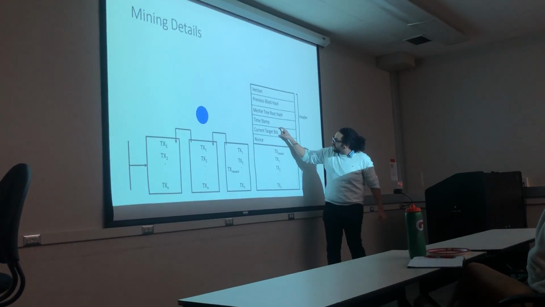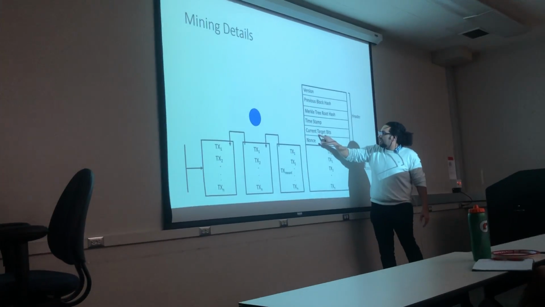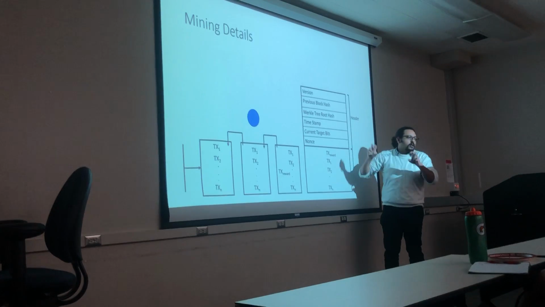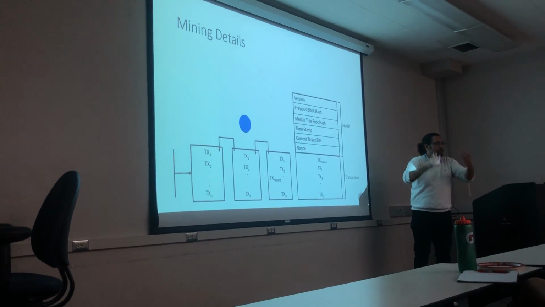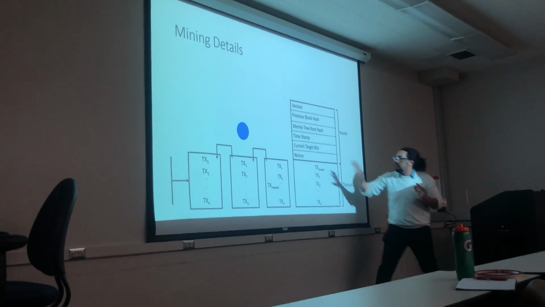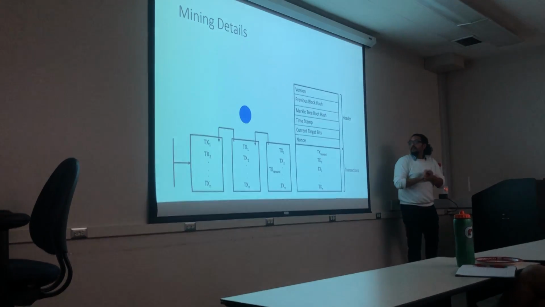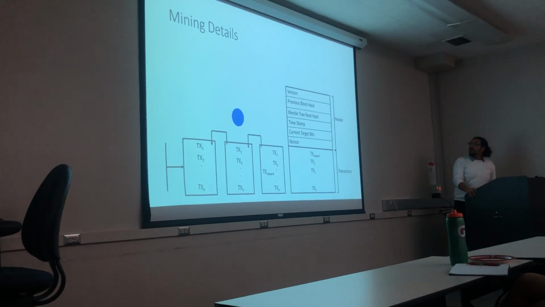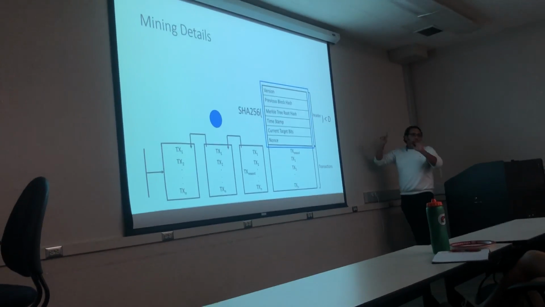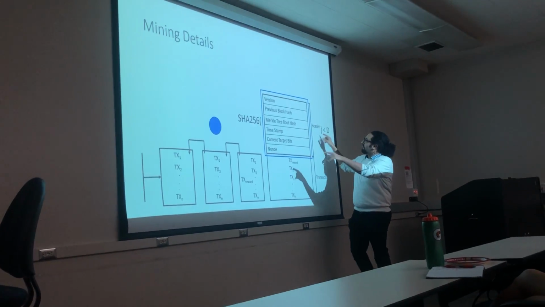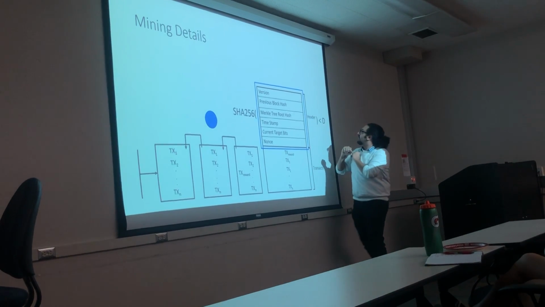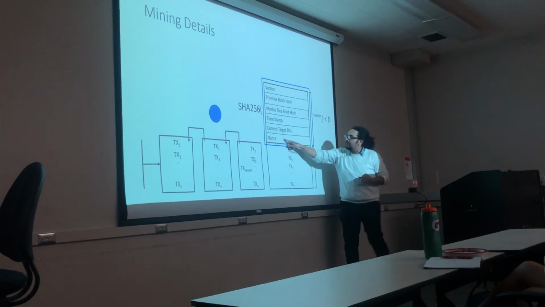And then a field that indicates the difficulty, how difficult the problem is that we are trying to solve. And the nonce. What is the nonce? This is what we are searching for. Okay, this could be a bit hard. We are trying to hash this header and find the nonce.